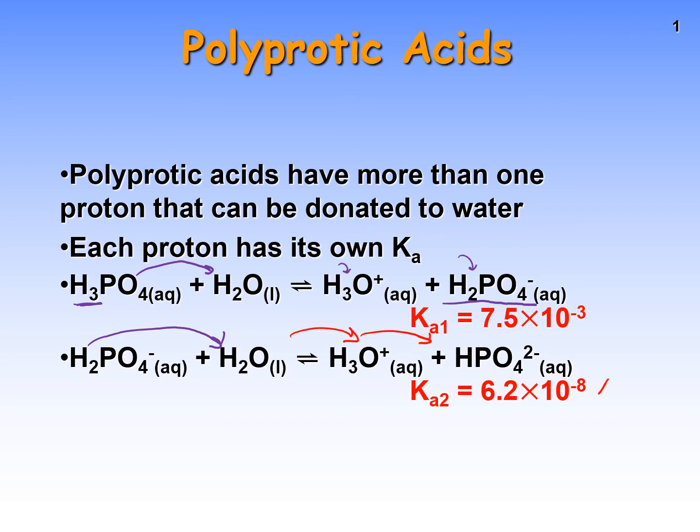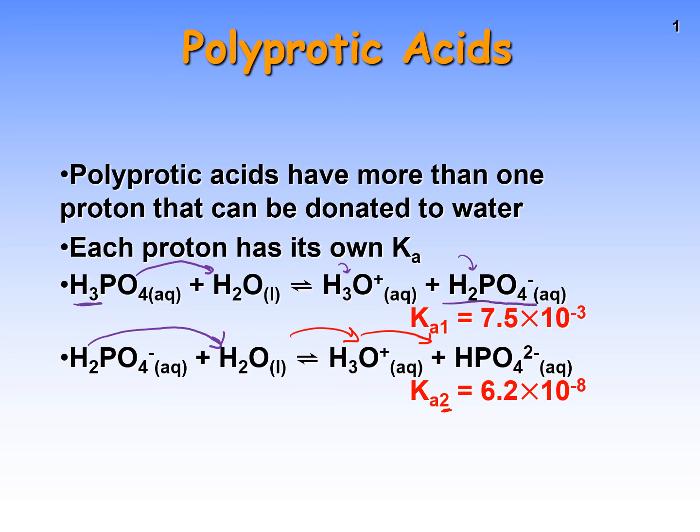This has a substantially smaller Ka value if you look at it, right? Ka2, which is what we call the second dissociation, is almost 10,000 times, almost 100,000 times weaker than Ka1.